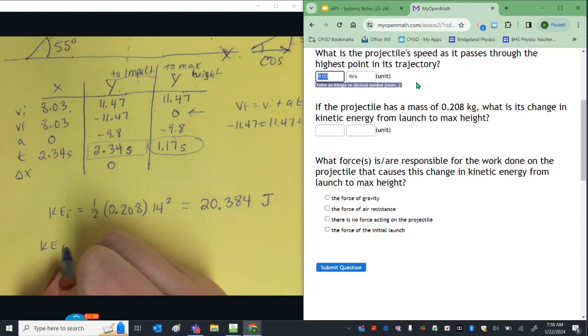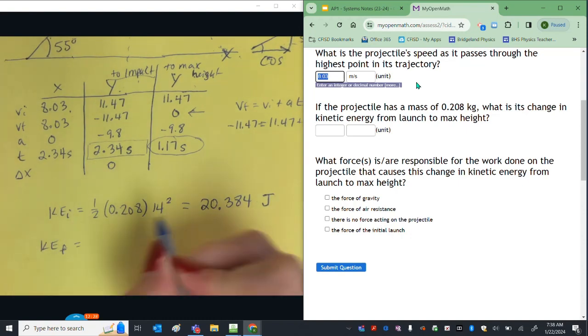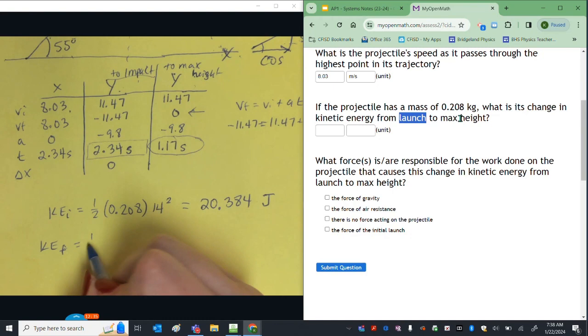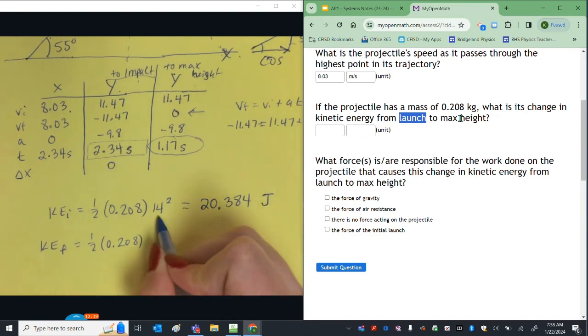KE final, which in this case is at max height, because it's asking for the change from launch to max height, would be 1/2. Again, same mass, 0.208, but my velocity at max height isn't 14 anymore. It's just that horizontal piece because vertically it's not moving at max height. So that's 8.03 squared.